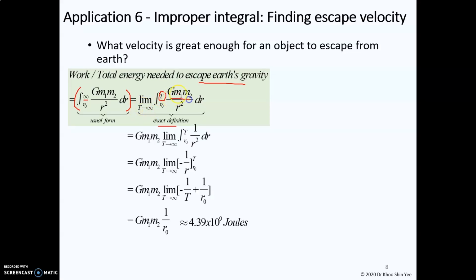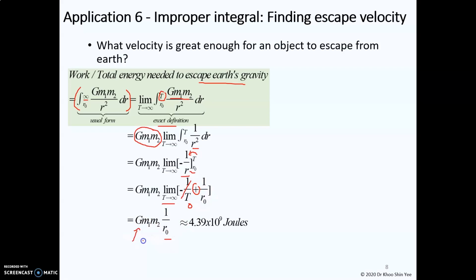Since G m1 m2 here is constant, we can extract it out, and then you continue to integrate 1 over r squared, then you should obtain negative 1 over r. And substitute the limit inside, you should obtain negative 1 over t, minus minus, you obtain positive, 1 over r0. So you take the limit when t approaches infinity, 1 over infinity gives you 0. And therefore you obtain 1 over r0.